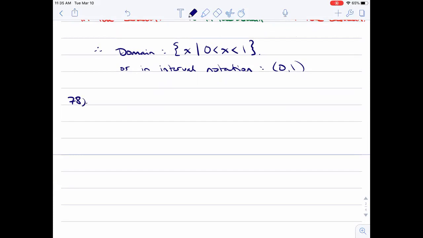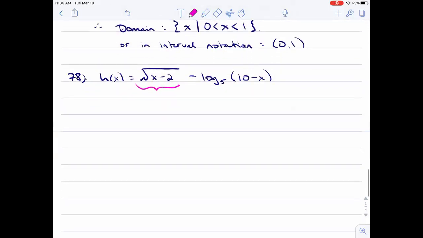78 says that h of x is the square root of x minus 2 minus the log base 5 of 10 minus x. So what we have here, right, is that x minus 2 has to be greater than or equal to 0, right?